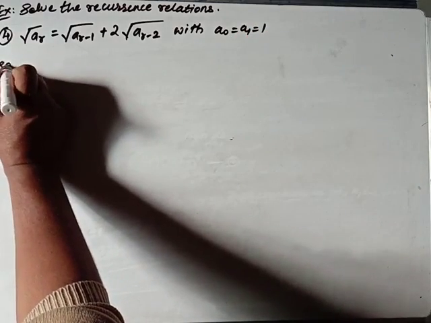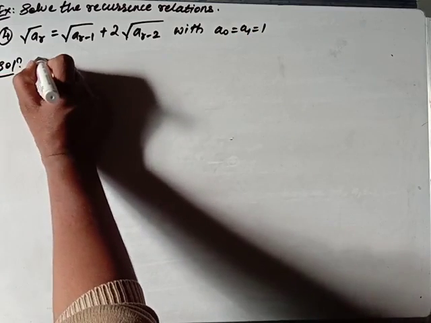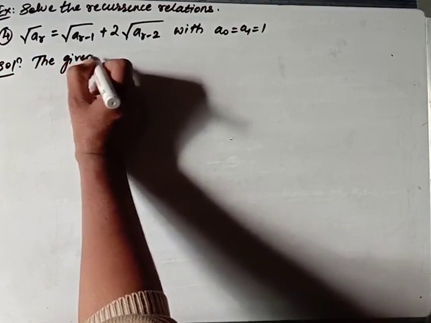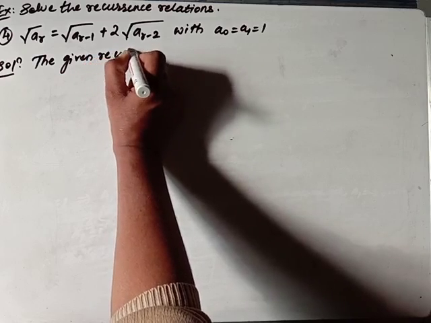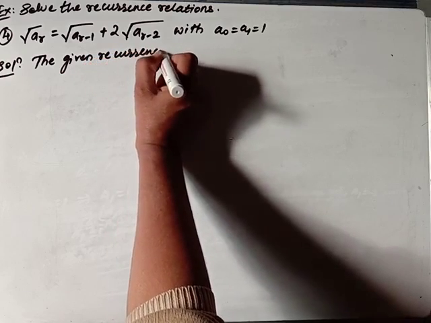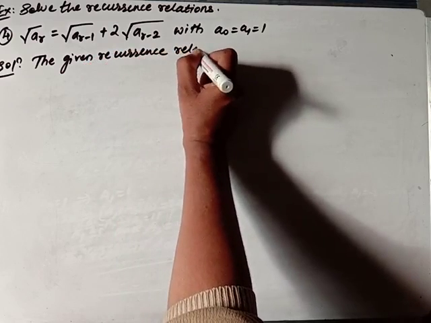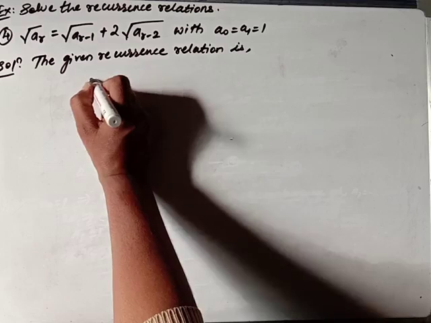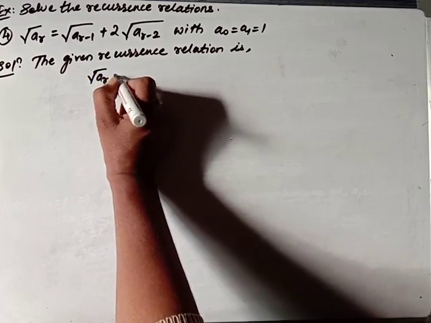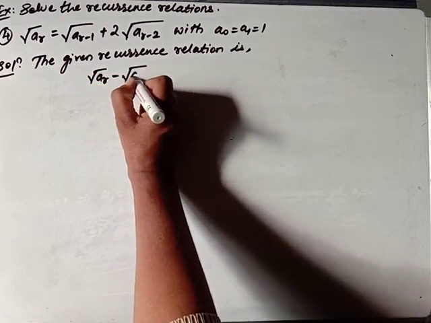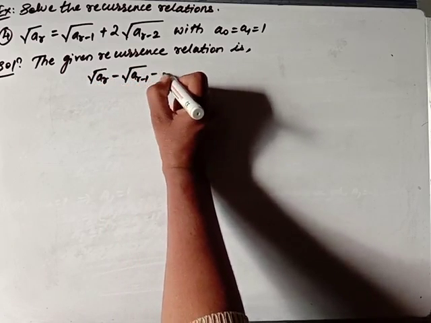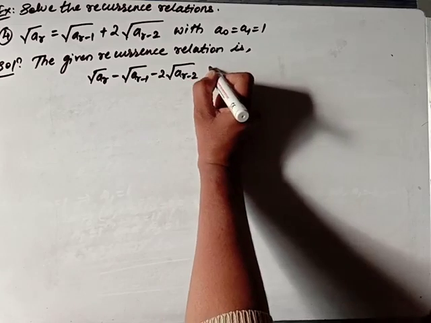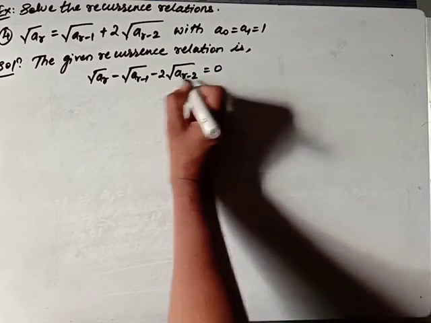So, solution for this. The given recurrence relation is root a_r minus root a_{r-1} minus 2 root a_{r-2} equals 0.